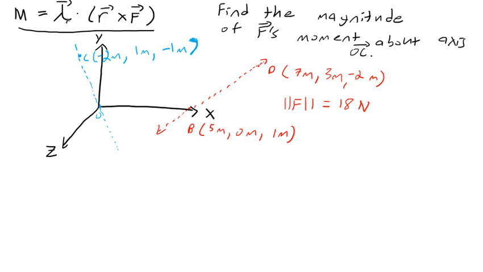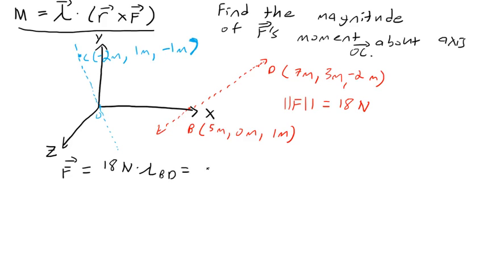Okay, so I know I need this, this, and this. So that's what I'm going to try to get. First, let me get the force vector. It's going to be 18 newtons times the unit vector along its line of action, unit vector BD.